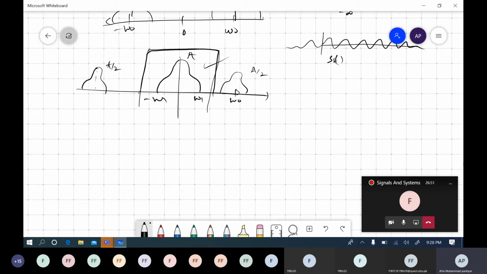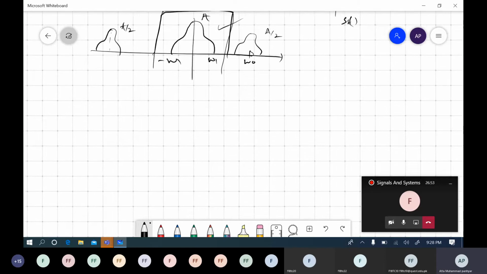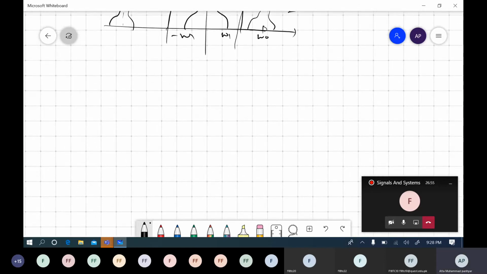Okay. Now let's take another example. We have a system. What does it do? It takes input x of t and multiplies it with e to the power plus j omega c t. This omega c is a carrier, right? It's a high frequency signal.